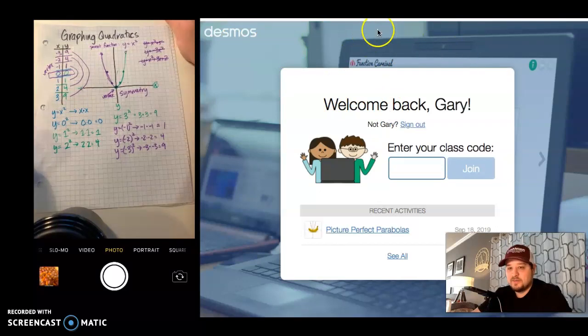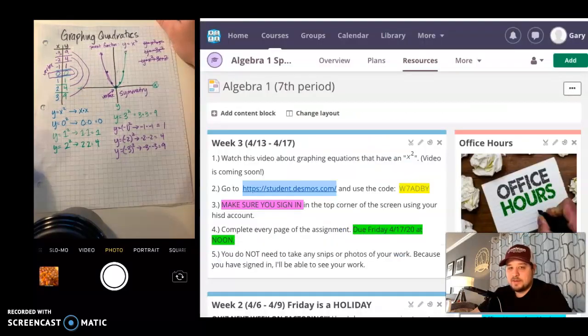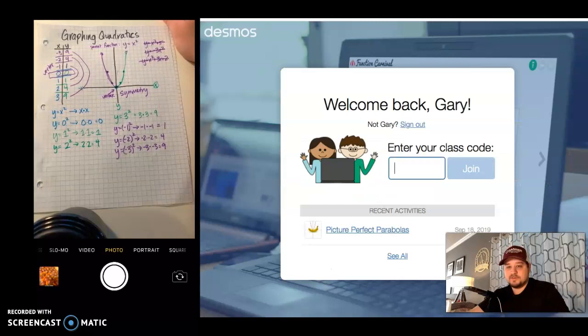We don't have that hub interface happening. Now I'm going to go back to the hub. Make sure that you grab the code for your class. If you're in my second and fifth period, you're not going to be using this one. You're going to be using the one that starts with an A. All right, so I will go ahead and join.